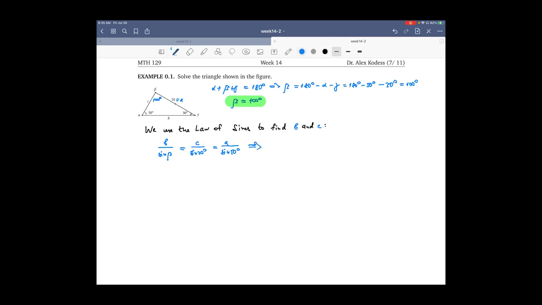So from here, b equals sine beta over sine 50 degrees times a. So b equals sine of 100 degrees over sine 50 degrees times 10.